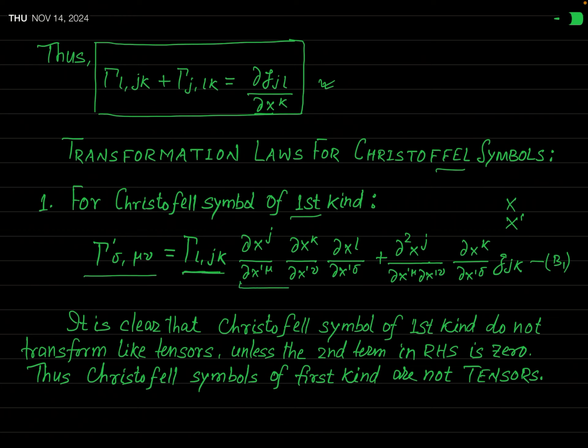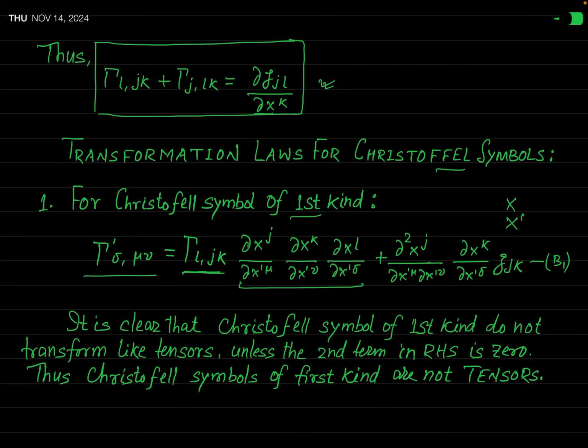Now this expression has been written just on the basis of the transformation law obeyed by a tensor. If you have watched my videos on the different tensors, like covariant tensors of first rank, second rank, and in general nth rank, and contravariant tensors of first, second, and nth rank, then you definitely have an idea of the transformation law of a tensor.